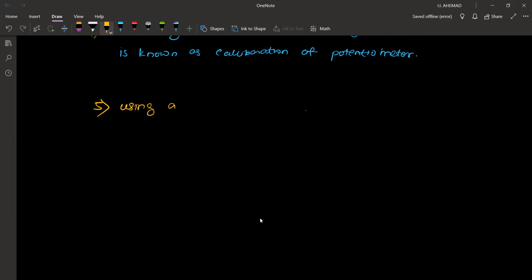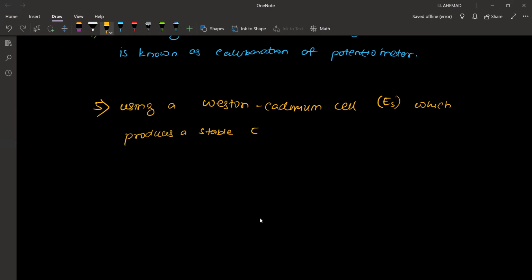Using Western cadmium cell, which produces a stable EMF of 1.018 volt, is used to calibrate the potentiometer.